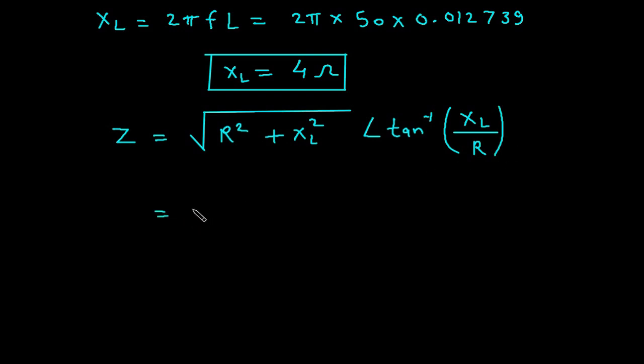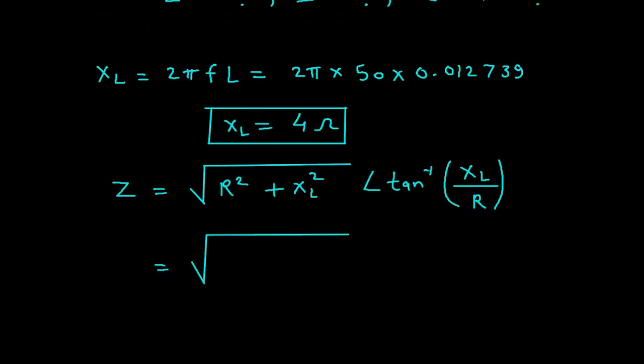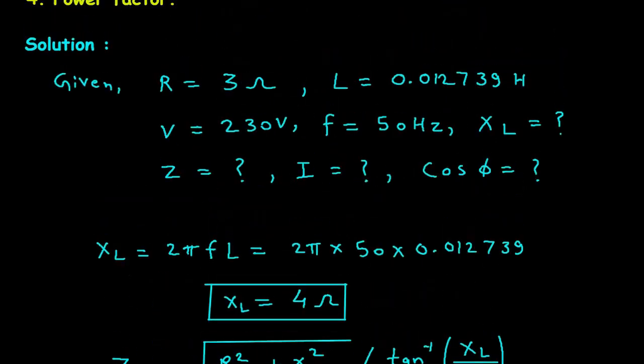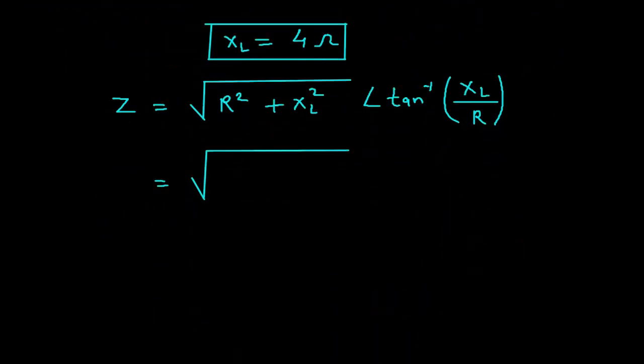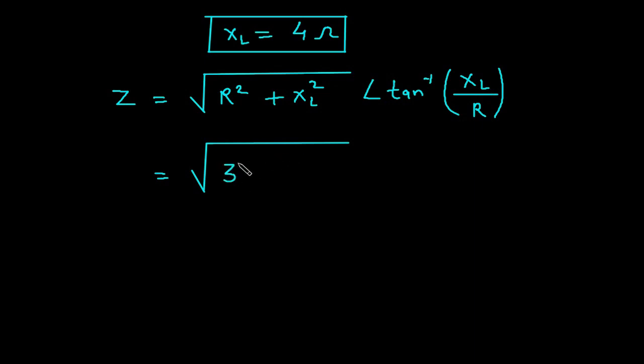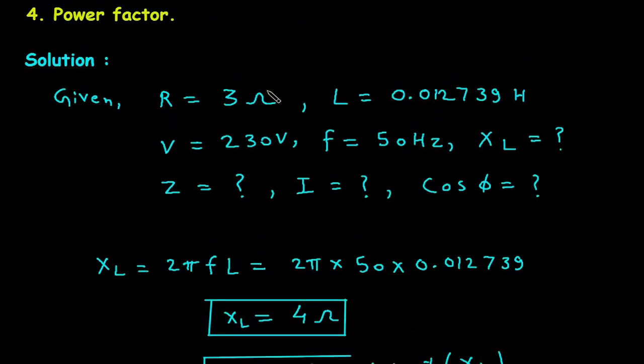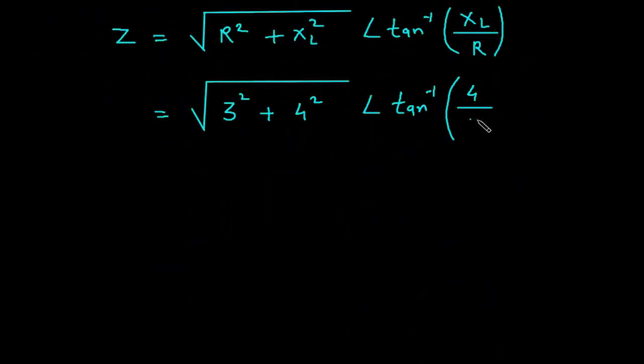So this will be under root of R, the resistance, whose value is 3 ohm, so 3 square, plus XL, which is 4, so 4 square, at an angle of tan inverse of XL by R. XL is 4 divided by R, the resistance, which is 3 ohm.